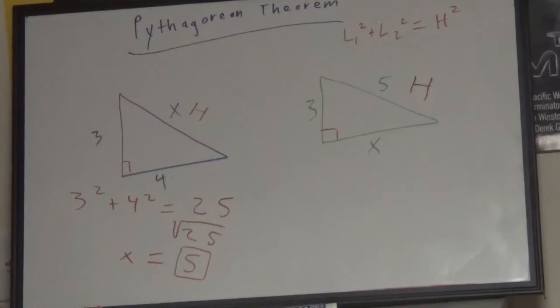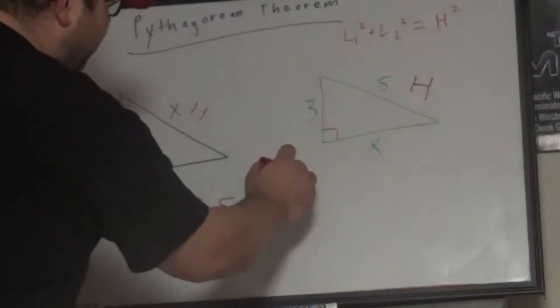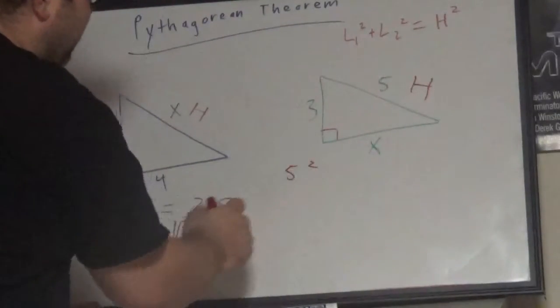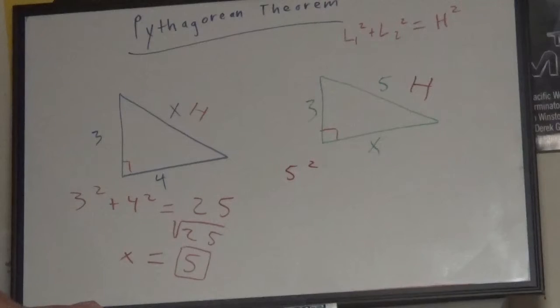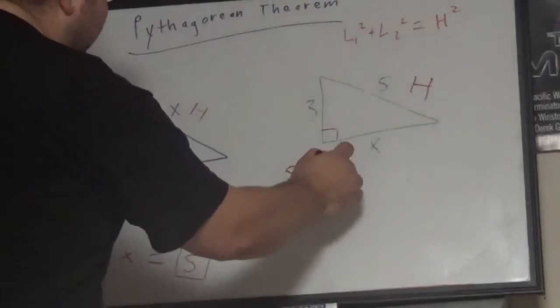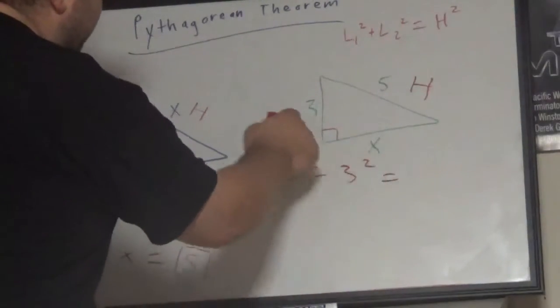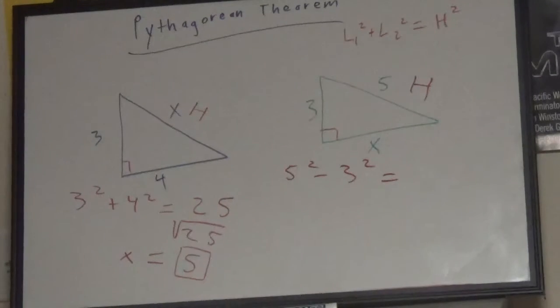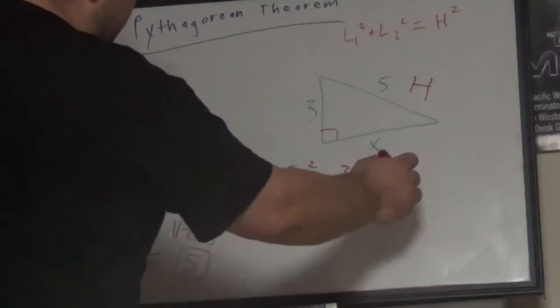Take the hypotenuse, which is 5, so I'm going to do 5 squared, and I'm going to subtract 3 squared, the leg. Again, you can do this math in your head. You could easily do it. Just as a rule, as a habit, you put 5 squared minus 3 squared in a calculator. It will, of course, give you 16.